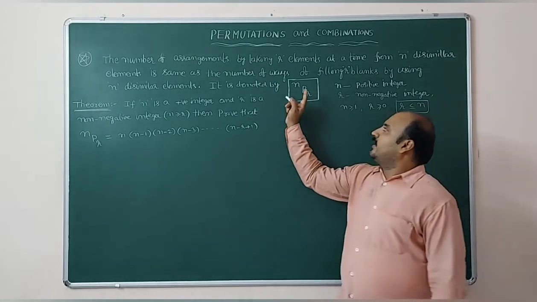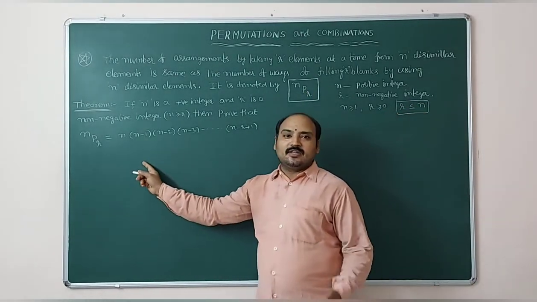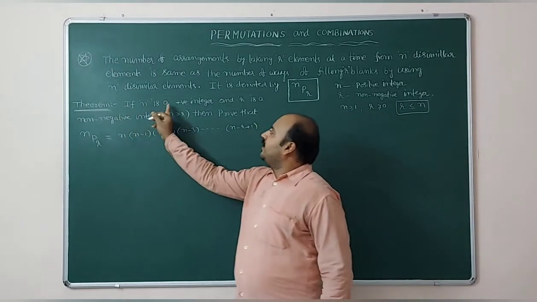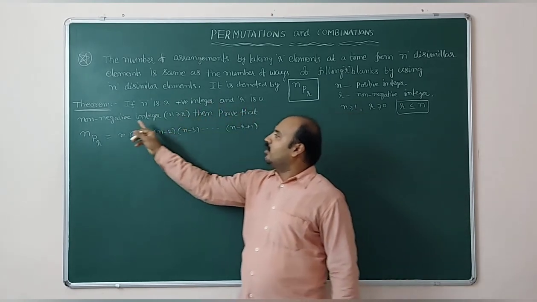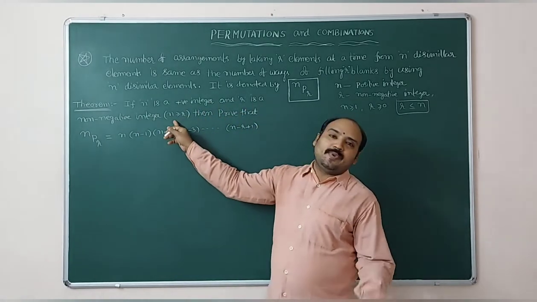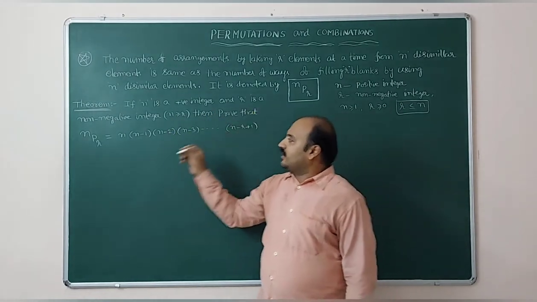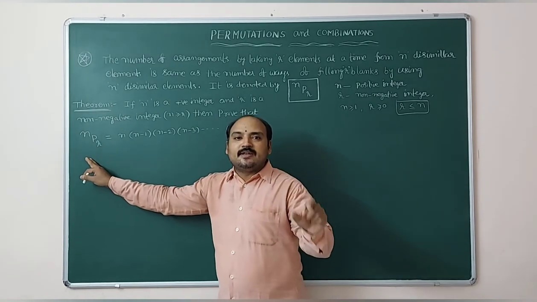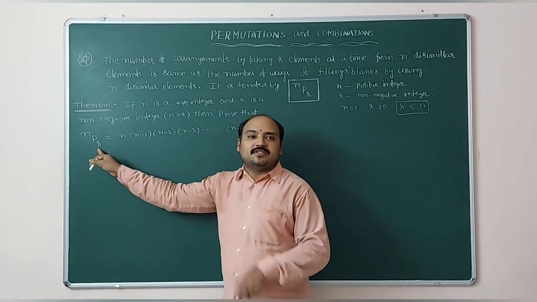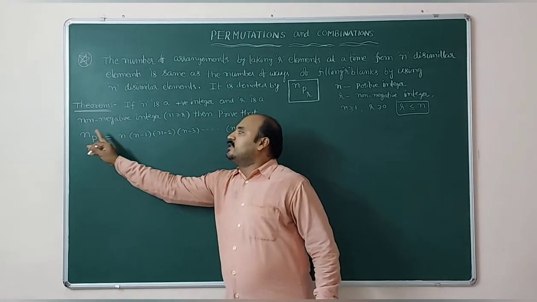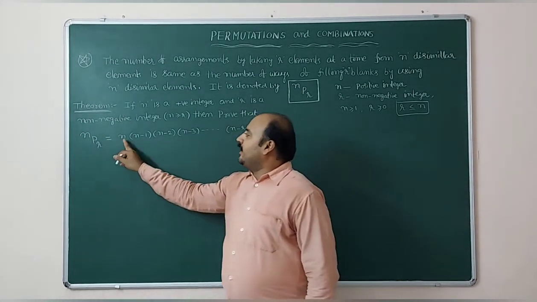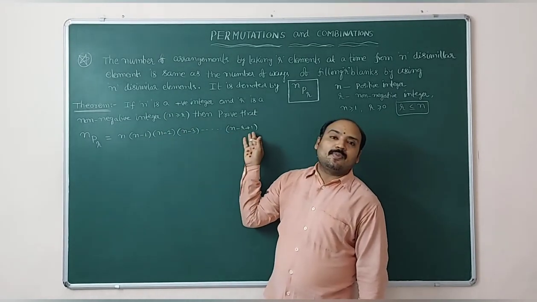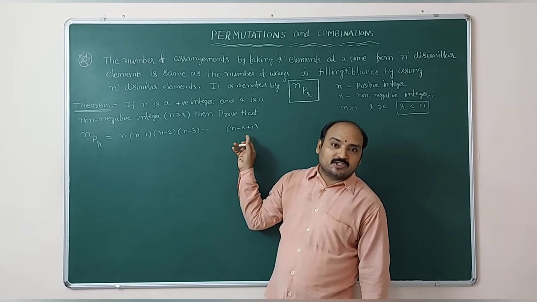See, what is the nPr expansion? Here it is in the theorem. It's a very easy one. If n is a positive integer and r is a non-negative integer and n is greater than or equal to r, then prove that nPr, which means out of n dissimilar things we are arranging r at a time, is equal to n into n minus 1 into n minus 2 and so on up to n minus r plus 1, that means n minus (r minus 1).